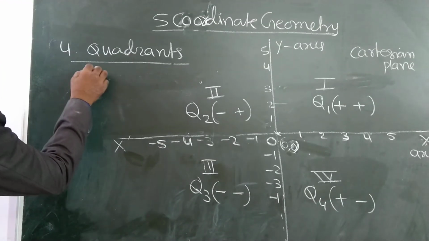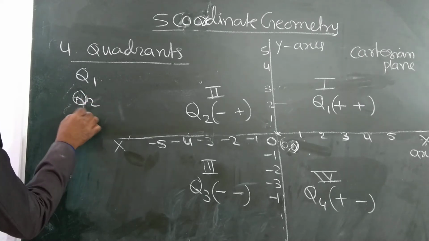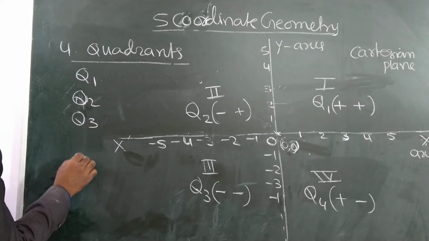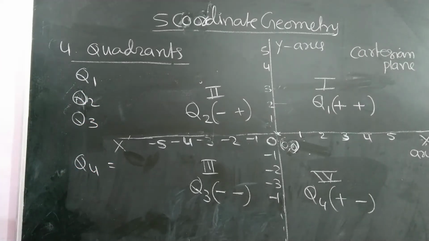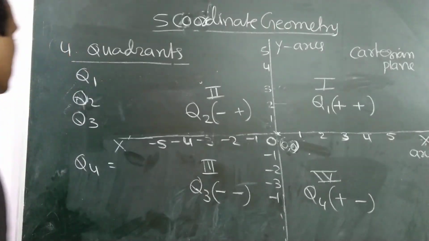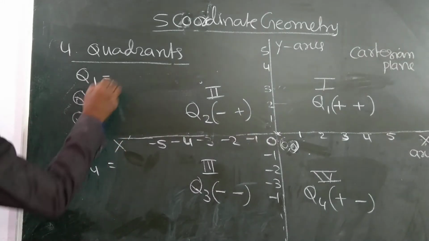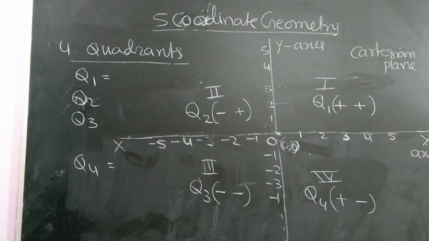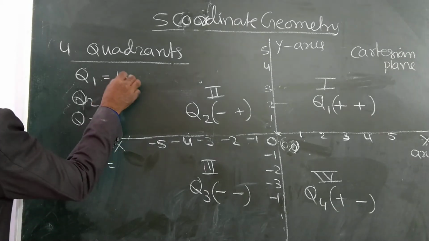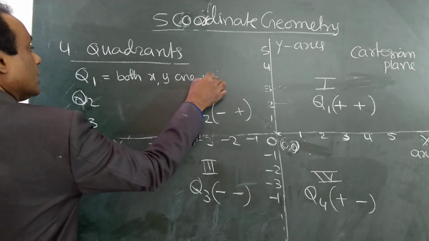Denoted by Q1, Q2, Q3, Q4. Q1 is equal to both x comma y are positive. Write down.